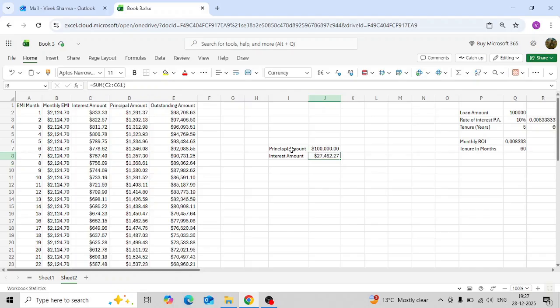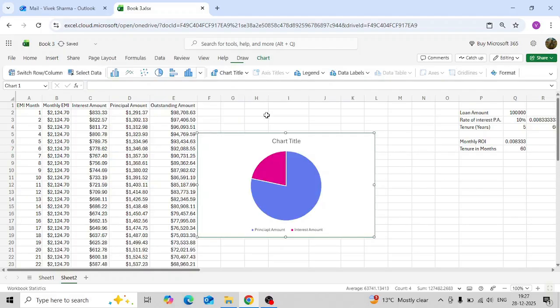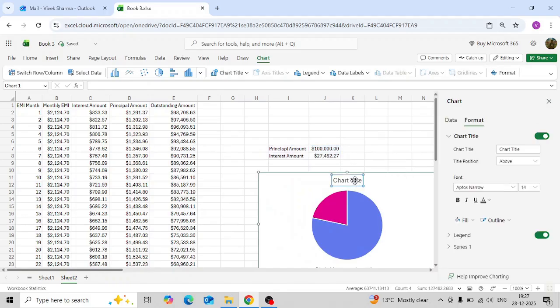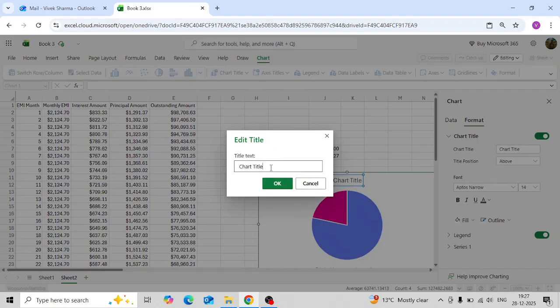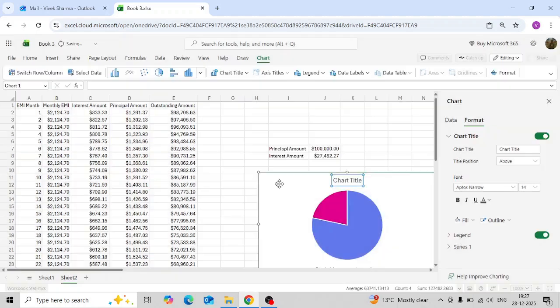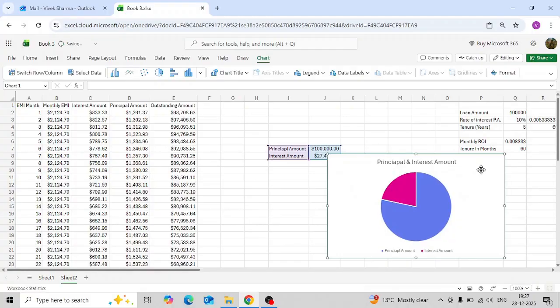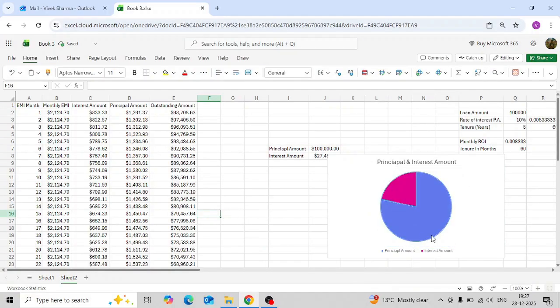If we plot a pie chart of principal and interest amount, this is the pie chart.